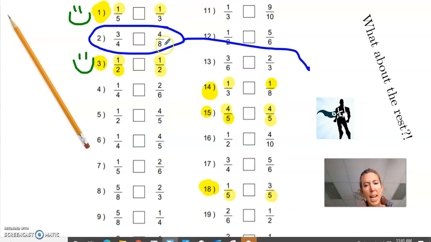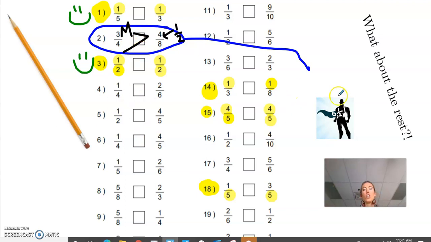Whereas 4/8, well, oh my gosh, half of 8 is 4. So this fraction right here is exactly a half, whereas this one is more than a half. So then I'm able to say that 3/4 is more than 4/8 because it was more than a half.